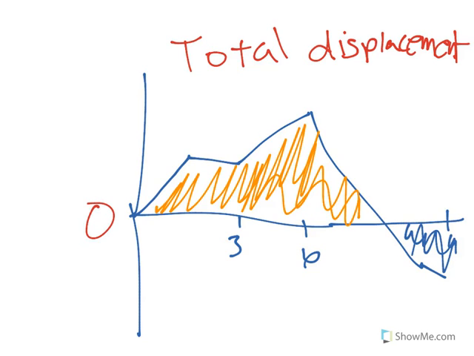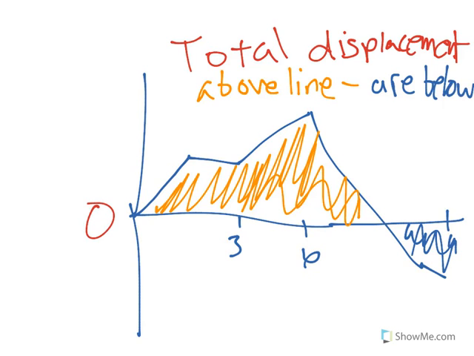And those two numbers may be different, they may not be different, but what you're going to have to do is subtract them. So for displacement, you take the area above the line minus the area below the line. All right, and that's how you would find the total displacement.